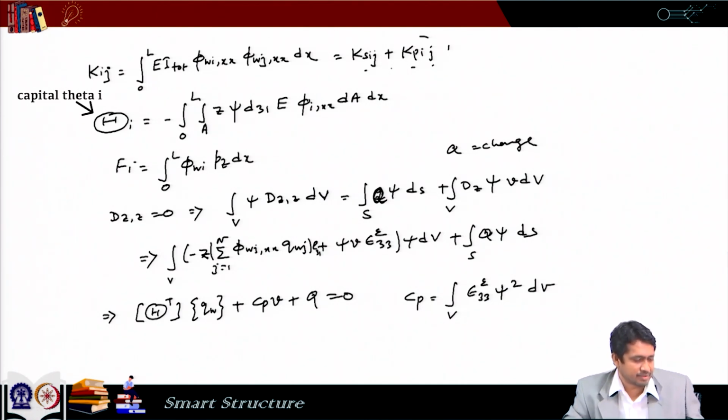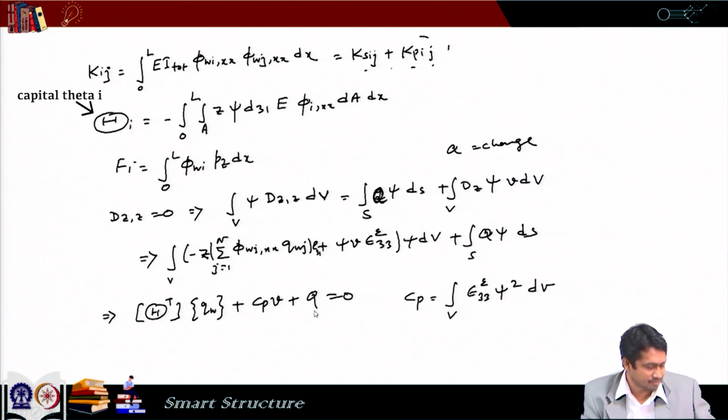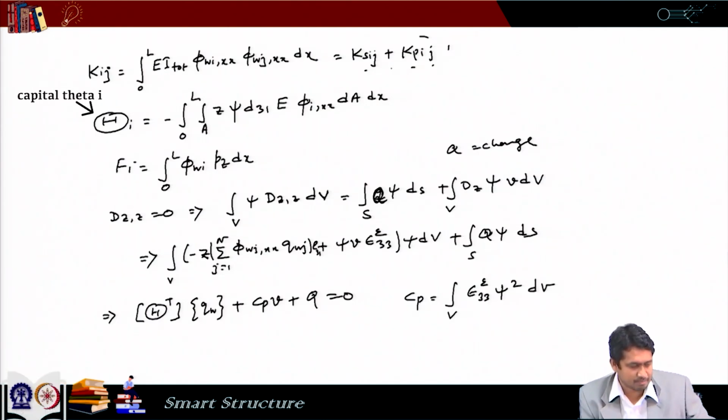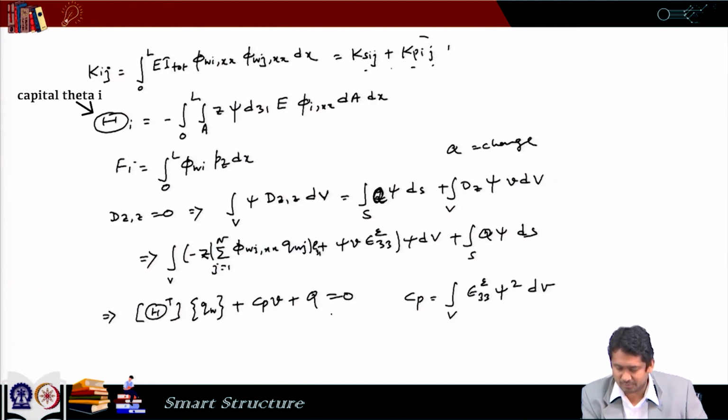The first equation was a version of the linear momentum equation, and from it we got this equation, and from the second equation, which is Gauss law, we got this equation, and these two equations are equivalent to the equations that we got in the last lecture while discussing the paper in a different type of formulation.